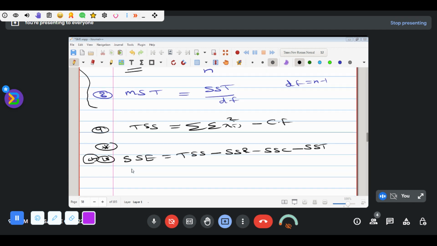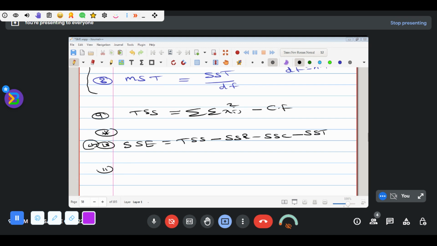And MSE. MSE equals SSE divided by the degrees of freedom of error, which is very important. What is the degrees of freedom of error? The degrees of freedom of error is n minus 1 into n minus 2. This is the degrees of freedom formula.